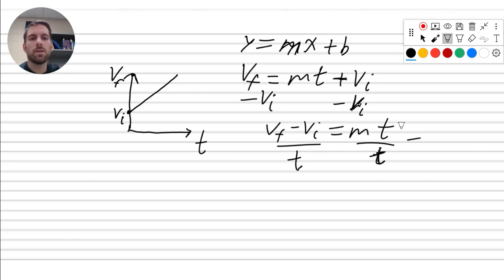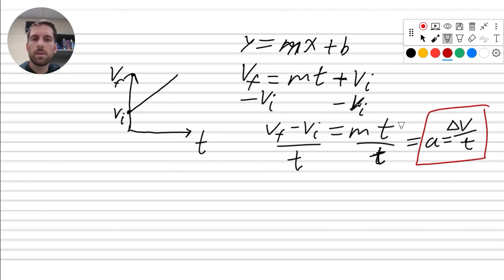So m here is acceleration, which is some change in velocity over a time period. And that is our first equation. That delta stands for change, of course. Final minus initial.